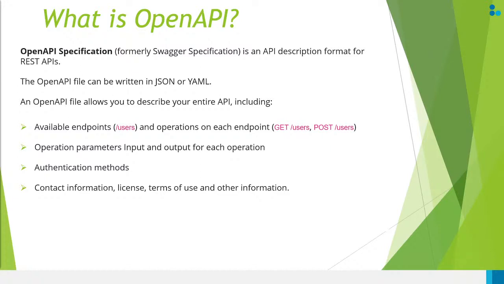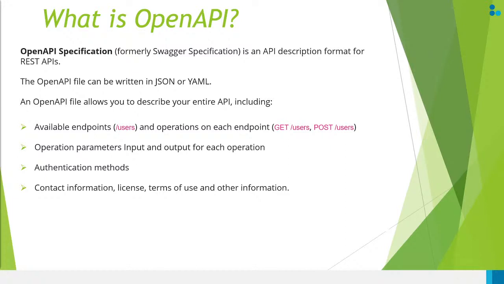It was formerly called the Swagger Specification, but it became so popular that it was decoupled from the Swagger environment. It was created as the OpenAPI specification because it became independent of Swagger, the Swagger toolbox.